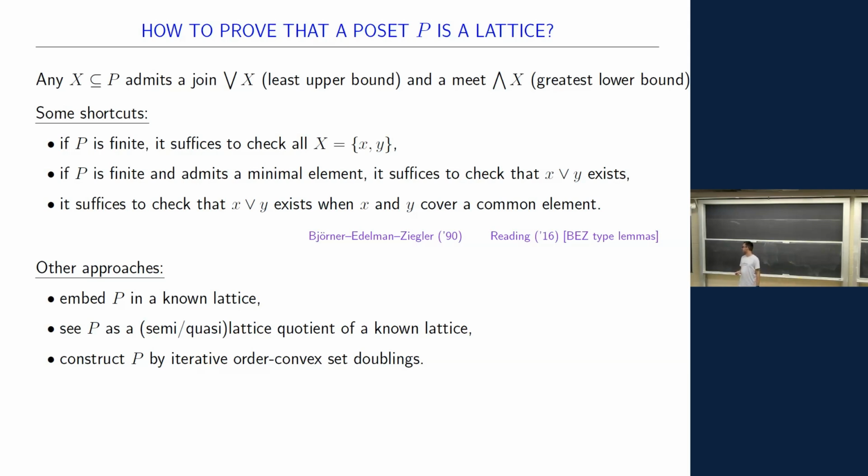So interval doublings, the construction of Day. I will not explain exactly what it is, but this is an iterative construction, and we'll also do an iterative construction. I don't really think that it is related, but at least the idea of using iterations.